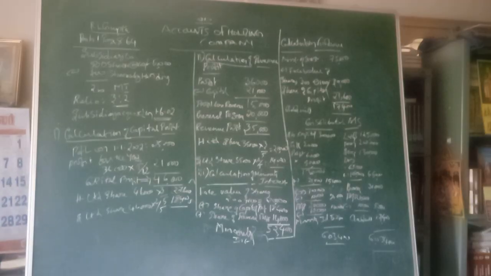Then profit on 1/1/2002 for H Limited is taken, and profit for 2002 only for H Limited is taken, and for S Limited those items are already considered and adjusted in the calculation of capital profit and revenue profit, right? Then the next one is creditors.